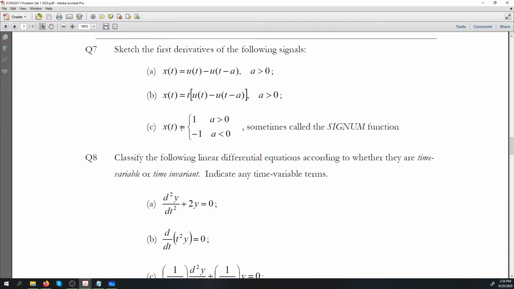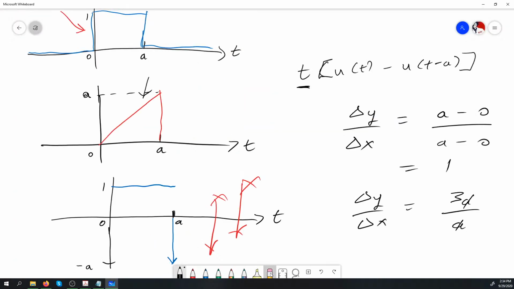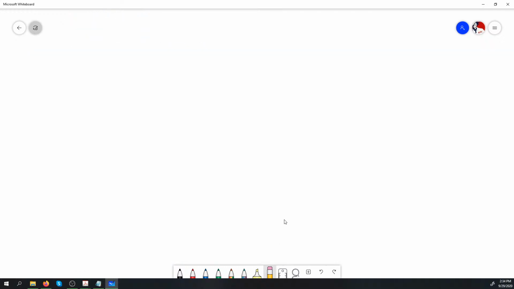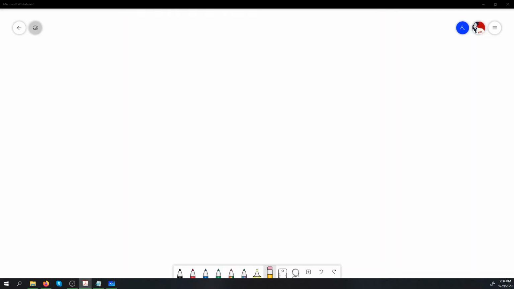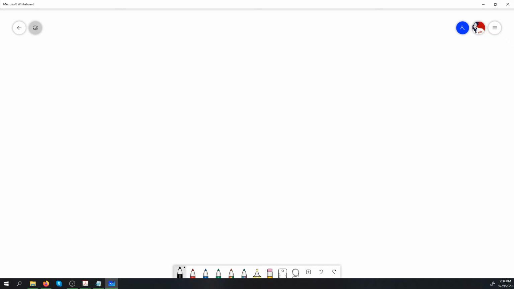So this was x of t is equal to 1 at a more than equal to 0, and then negative 1 at a less than equal to 0. So this being our signum function, let's say, just for simplicity's sake, our value of a was at t equals 0.